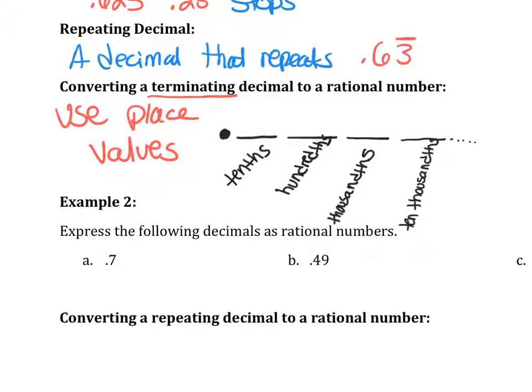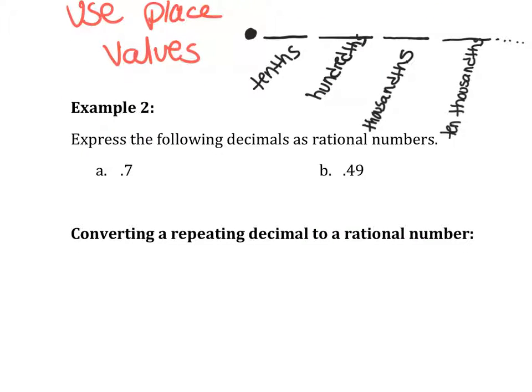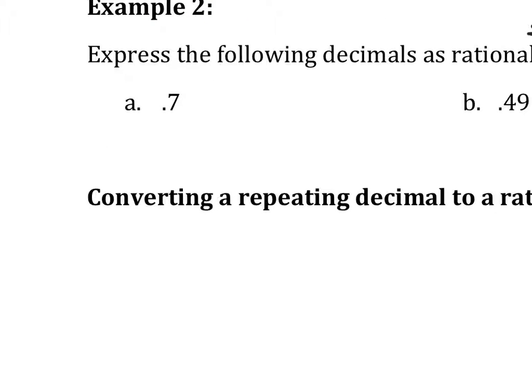And so to express decimals as rational numbers using these place values, whatever the digits are after the decimal point, that's going to be your numerator. And then based on the place value where those digits end, that's going to be how you figure out your denominator. So like example 2a, we have 0.7, and 7 is in the tenths place value.